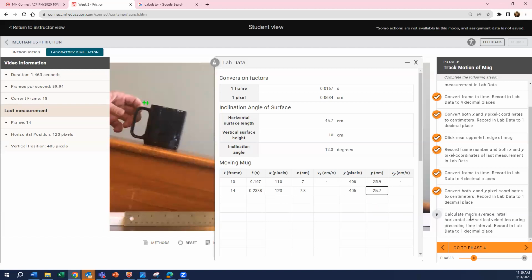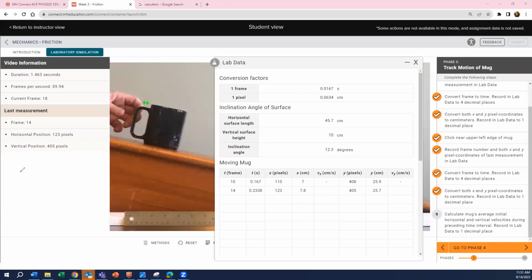Now calculate the mug's average initial horizontal and vertical velocities during the preceding time interval and record in lab data to 1 decimal place. How will we find the average initial horizontal velocity? I can write it.